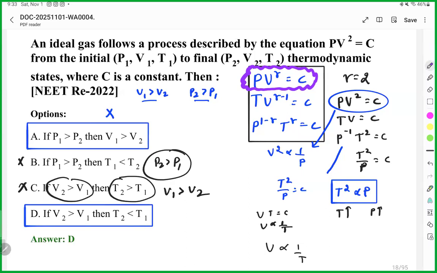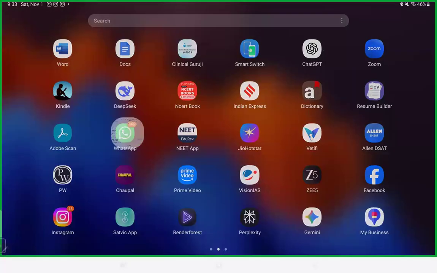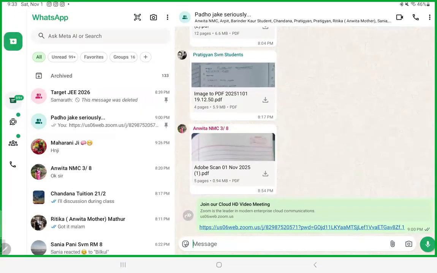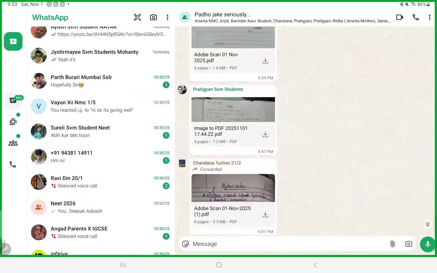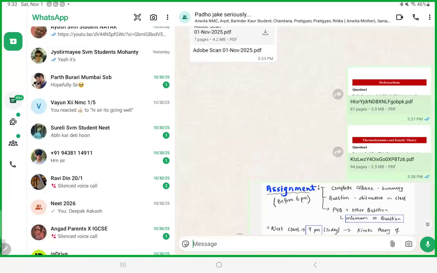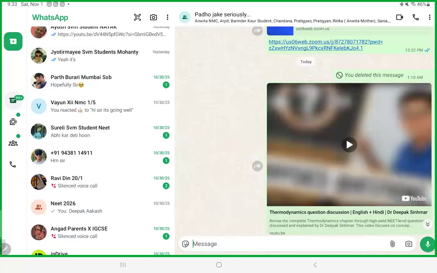And I did this in notes. Let me check. I sent you thermodynamics, no? Thermodynamics short summary. Let me open your group. I am searching for your handwritten notes PDF.